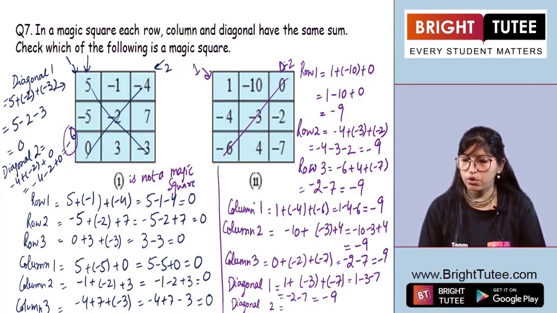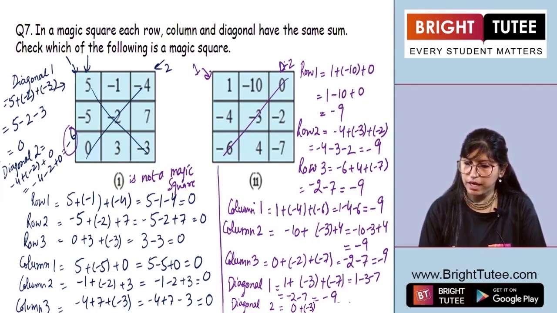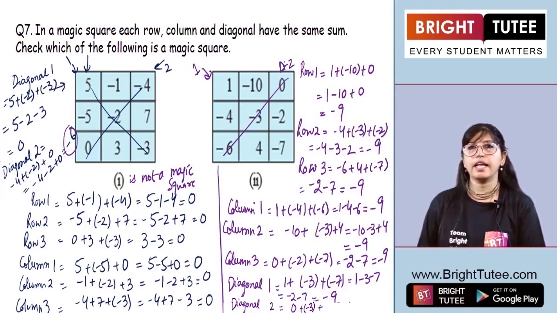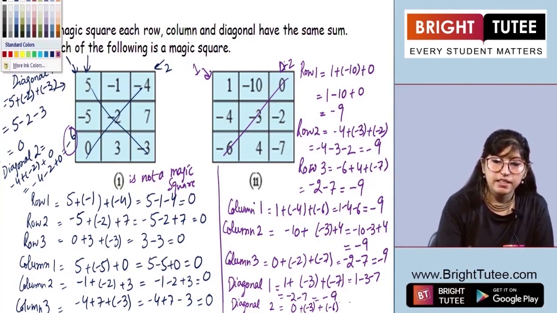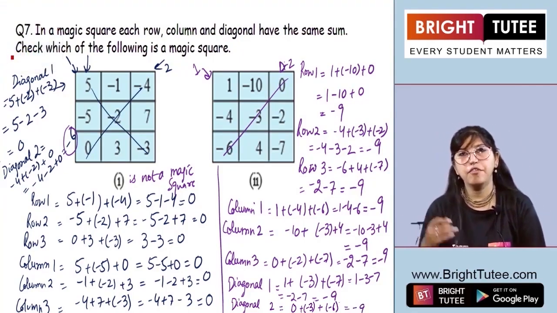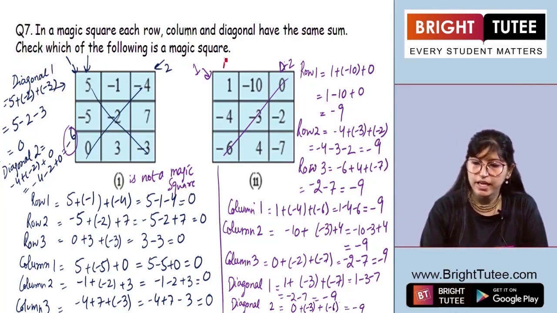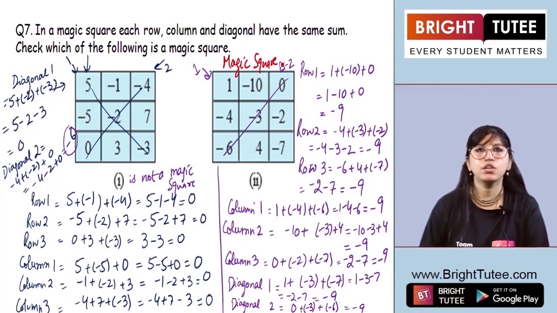How do we get? 0 plus minus 3 plus minus 6. So we'll be getting minus 3 minus 6, which will be minus 9. So we can see that in the second square, every row, column and diagonal is the same. So we say that the second is a magic square.